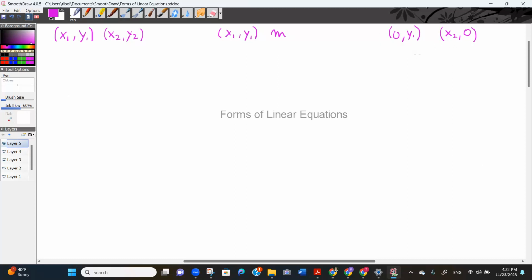This third case is more useful when we are seeing limits. So let's suppose that I have two quantities of something, quantities of x and quantities of y, and I have a maximum of y. The maximum of y is my y1, my y-intercept.